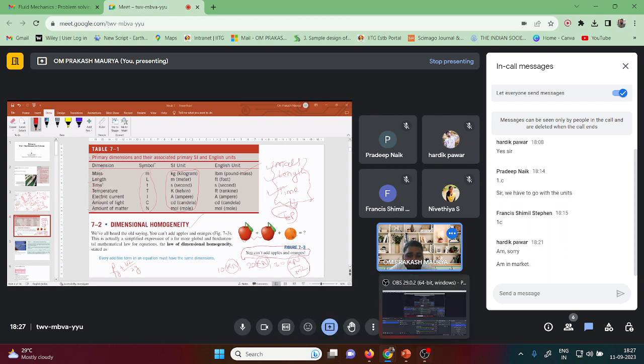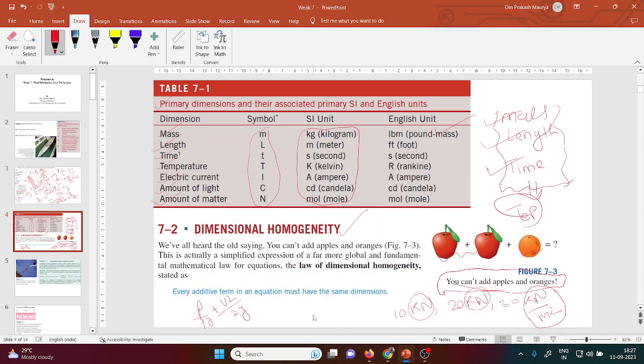Now, just for your understanding, I want to tell something about the Bernoulli equation: P by rho g plus v square by 2g plus z is equal to constant. Here z is the datum height, so it is in meters.